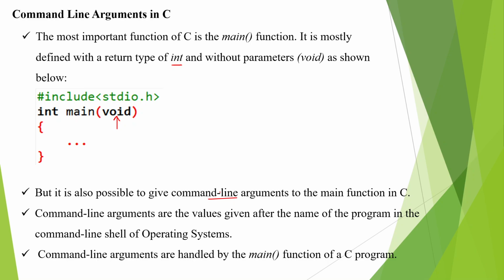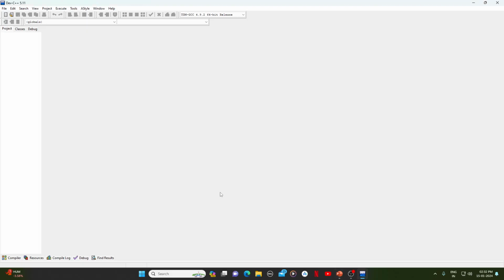So far we know this is how we compile and execute our C programs. I'll show you: under this Execute menu, we have both these options, compile and run. Using these two options, one for compiling and one for executing the program, we proceed.